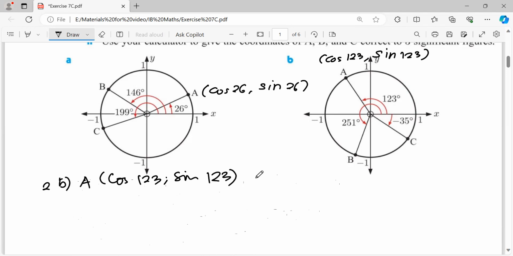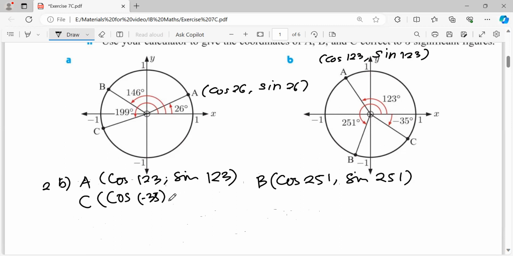And B is cosine 251, comma, sine 251 as well. And C is cosine negative 25, comma, sine negative 35.